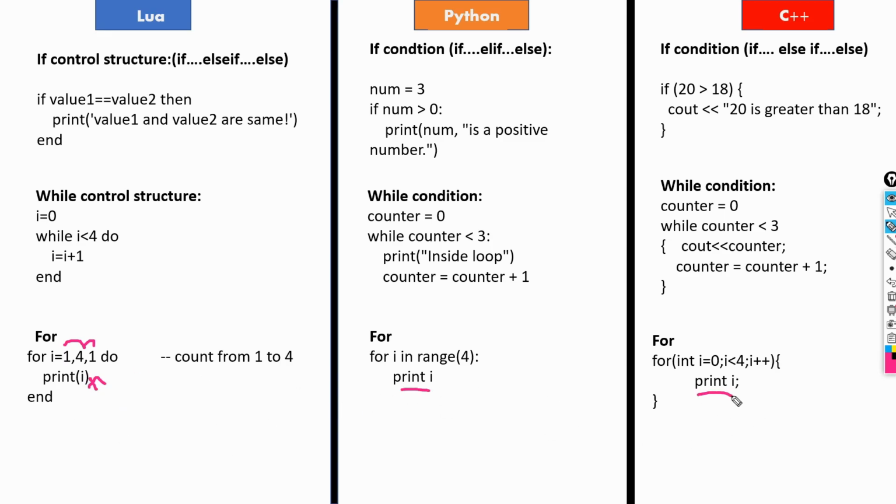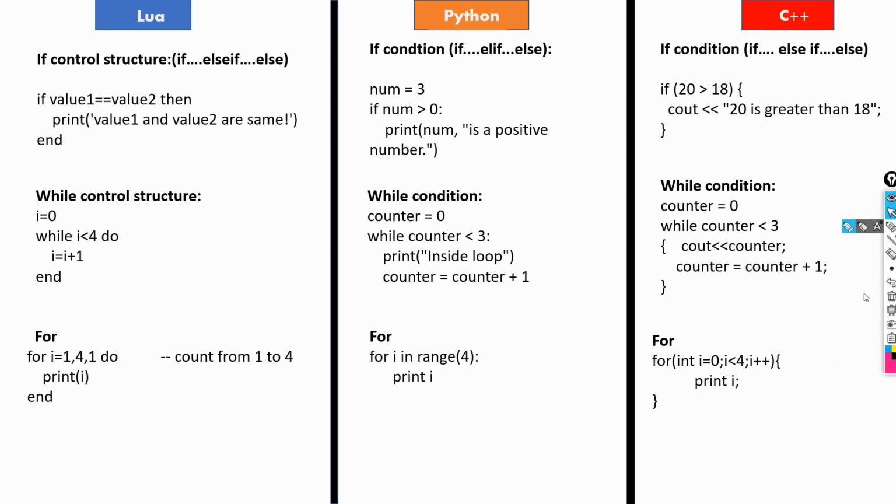In C++ it will be cout. All these things are similar, but the major thing that you have to notice is the difference in syntax. If you understand that, then it is very easy for you to write Lua code for the robotic simulation that we are going to talk about in V-REP.